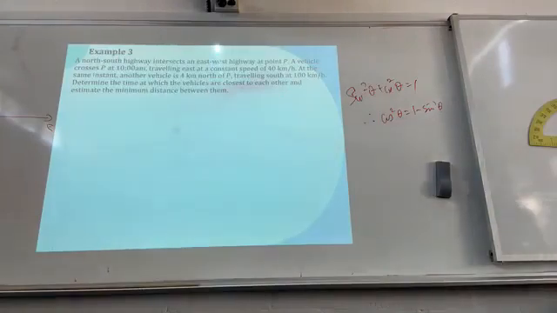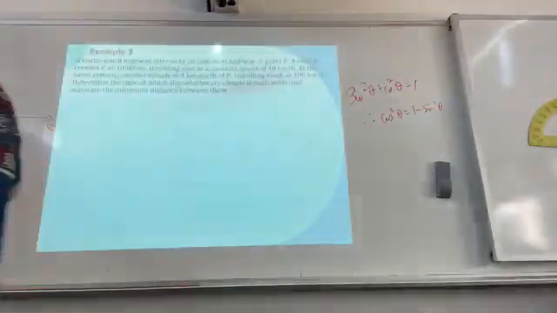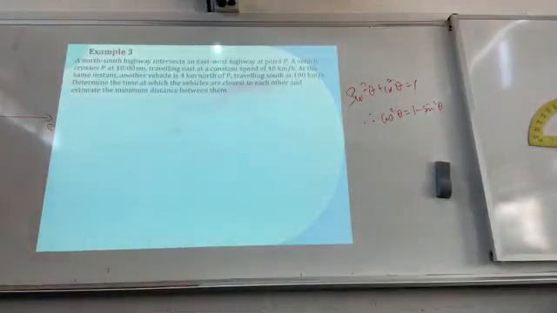Think about where P is: the north-south highway intersects the east-west highway at point P. A vehicle crosses P at 10 a.m. traveling east at a constant speed of 40 kilometers per hour. At the same instant, another vehicle is 44 kilometers north of P, traveling south at 100 kilometers per hour.